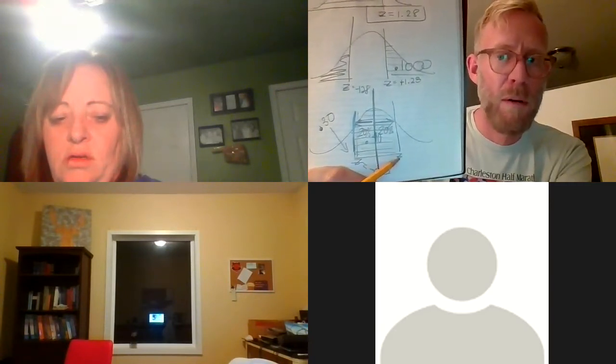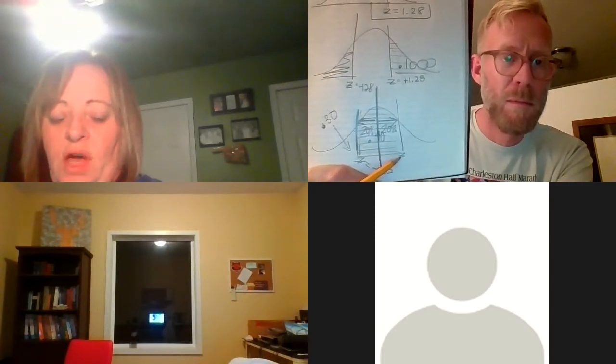Now, again, recall this is symmetric. So this was the middle 40, which means 20/20. So if this is negative 0.52, what's this guy over here? Positive 0.52. That's a freebie. We don't have to look that up, because it's symmetric.